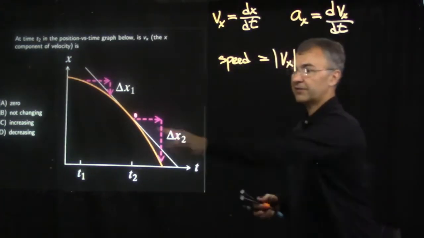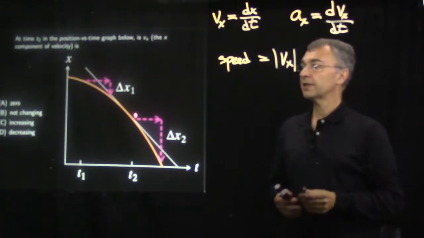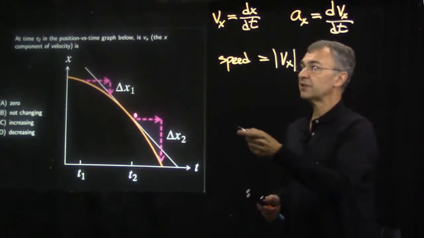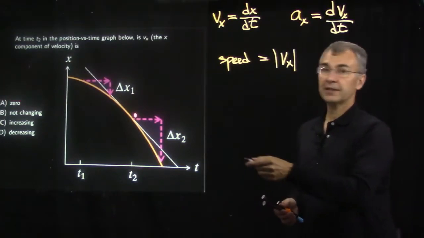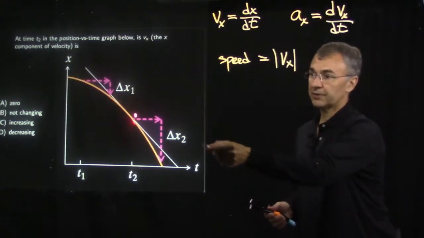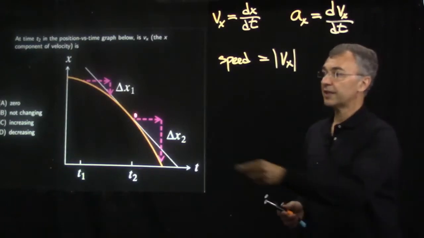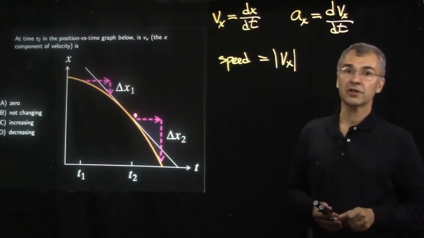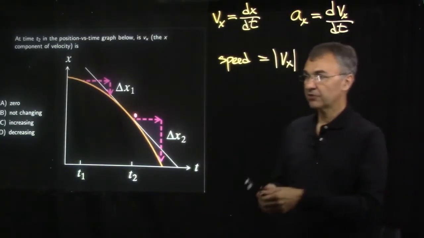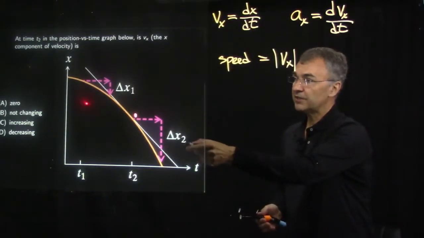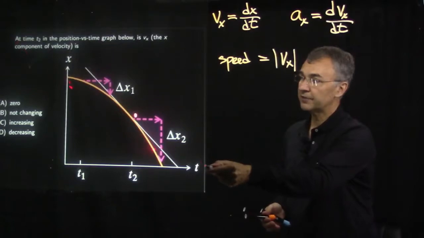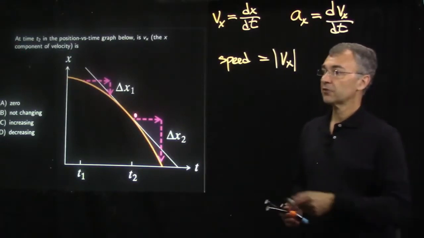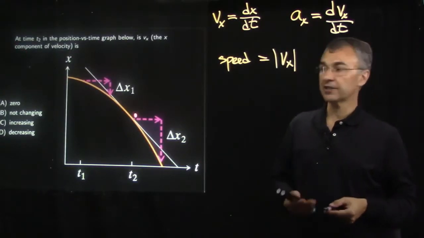And at this time t2, this question is really saying, is dx by dt 0? No, it's not 0 because there's a non-zero slope. Is dx by dt not changing? Well, I think it is changing because dx by dt is negative here, and it's more negative here, and more negative still as time goes on. So I think it is changing.